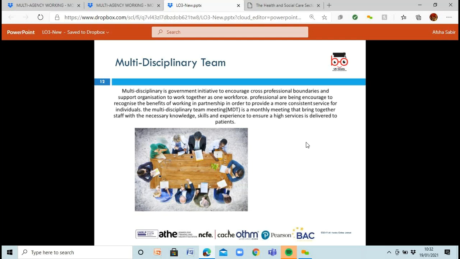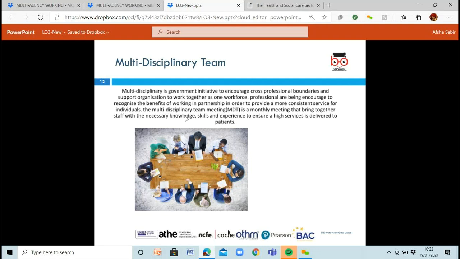So obviously different organizations, different authorities, like maybe the police and the schools and health and social care settings, to work together. So professionals are being encouraged to recognize the benefits of working in partnership in order to provide a more consistent service for individuals.